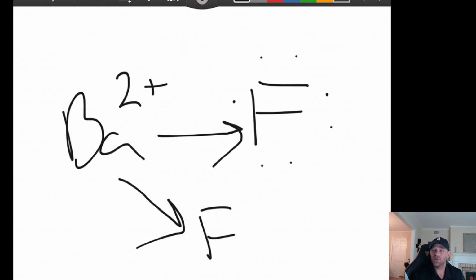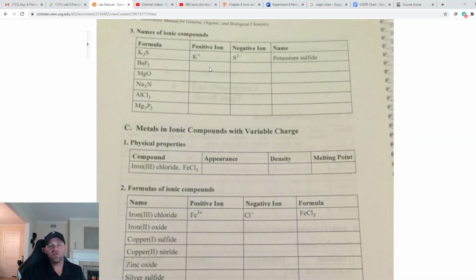If you see something bound to a halogen, it's only giving it one electron. However many halogens you have, that's what your charge is on the other side. So Ba2+, F1-. When I write it out, it'll be barium fluoride. Instead of barium fluorine, you drop the INE and add IDE: barium fluoride.